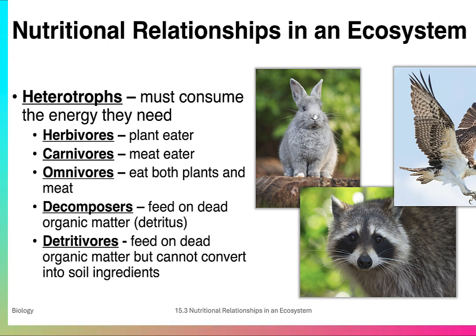Detrivores are those that eat on dead matter, but unlike the decomposers, they can't convert this from soil ingredients. So decomposers can take nutrients out of the soil, whereas the detrivores have to eat intact, dead organic matter. An example of a detrivore would be worms.